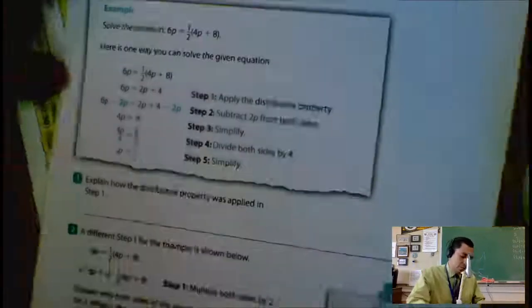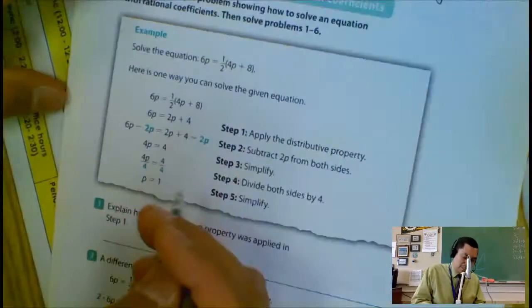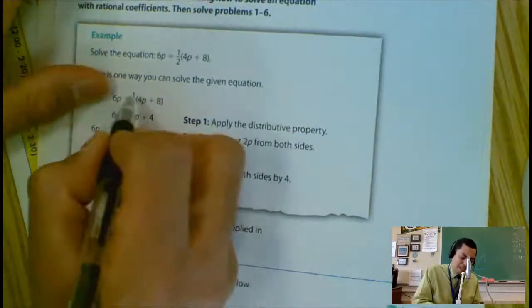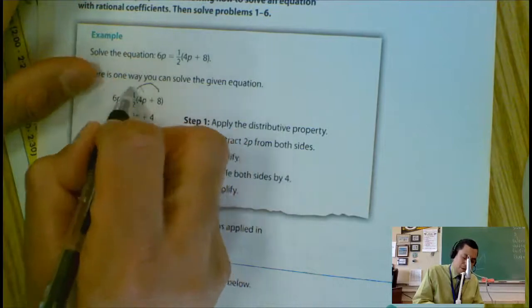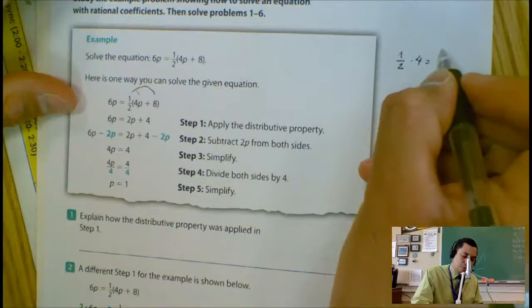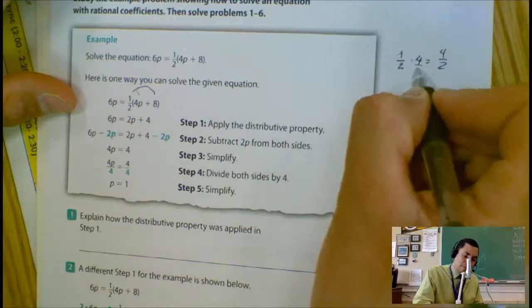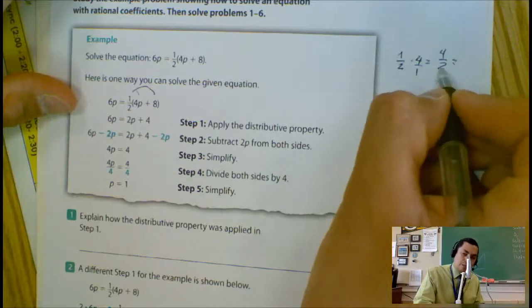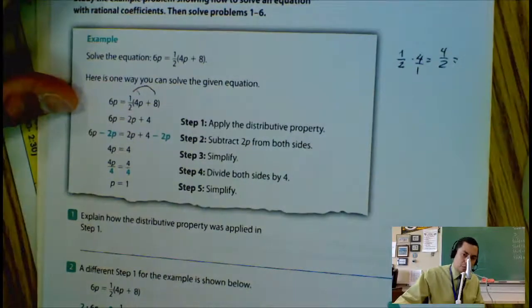So in this case, I have 6p equals 1/2 (4p + 8). What they did, they applied the distributive property. See, 1/2 times 4, I'm going to do it here. 1/2 times 4 equals 4 over 2, because we have a denominator, so 1 times 4 is 4, 2 times 1 is 2, and 4 divided by 2 is 2.